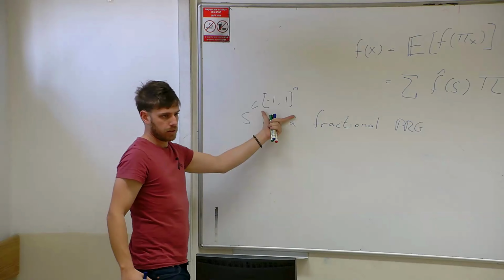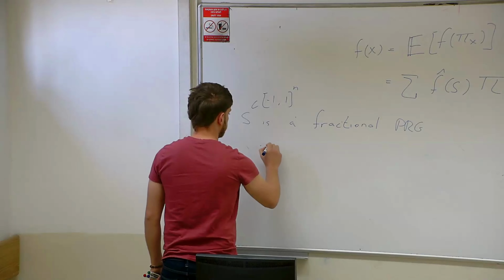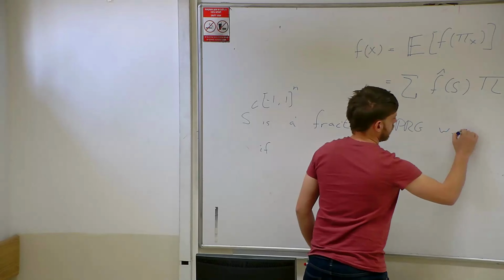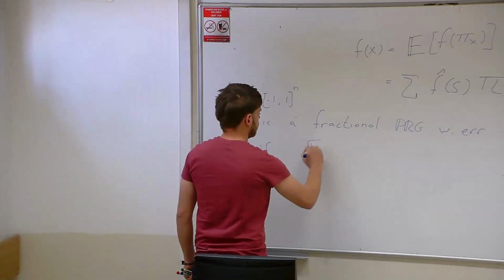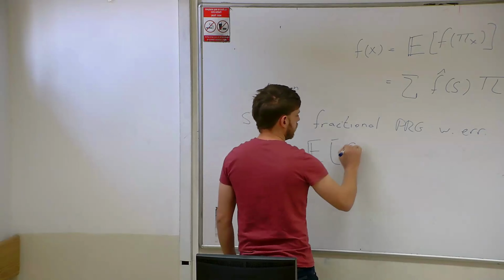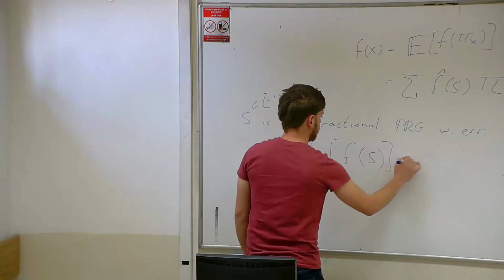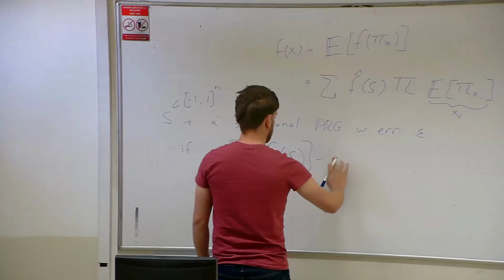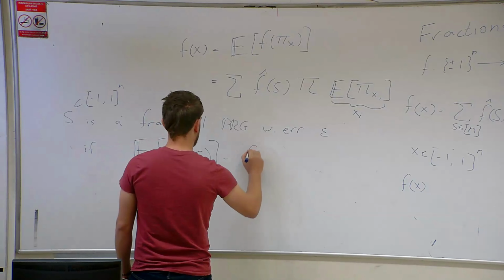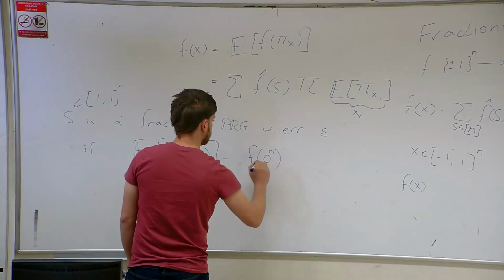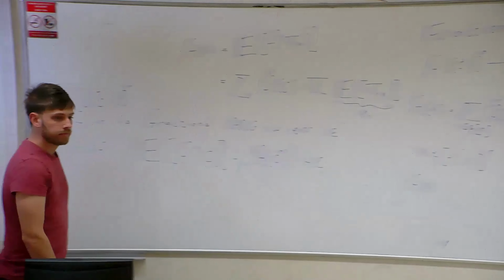S is a fractional PRG with epsilon if the expectation of f of s minus f of 0 to the n is smaller than epsilon.